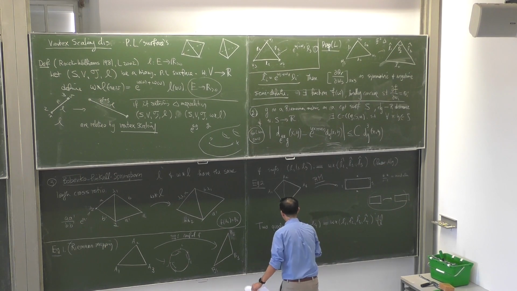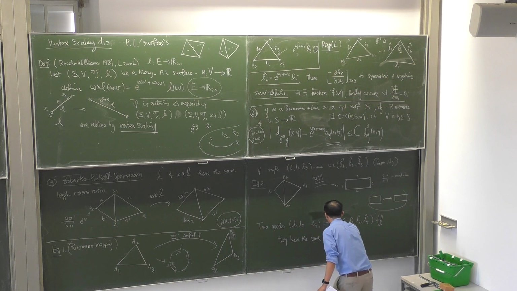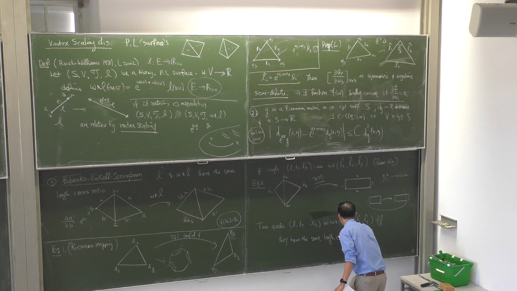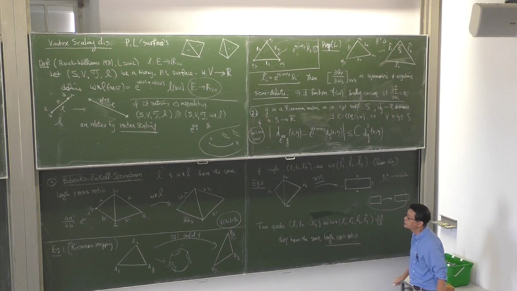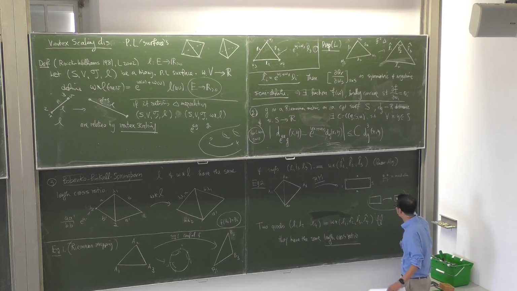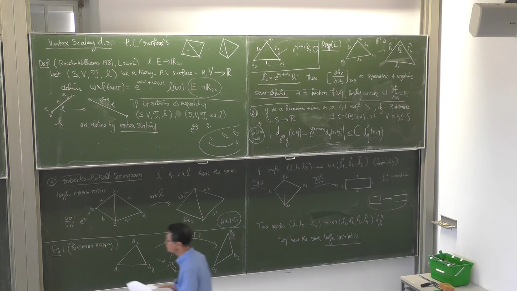Again, it's extremely simple linear algebra. So this length cross ratio should be considered as a discrete module of that. Okay, so I think I give you some reason why this is a reasonable discretization.